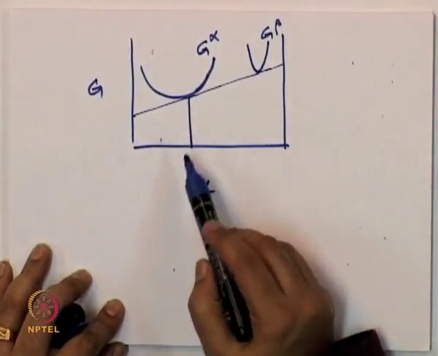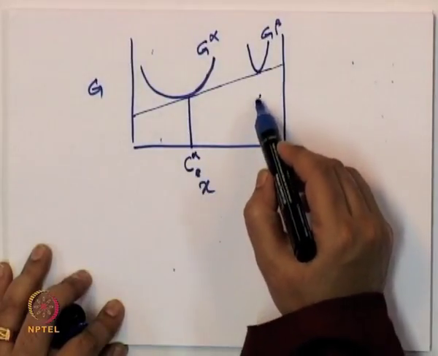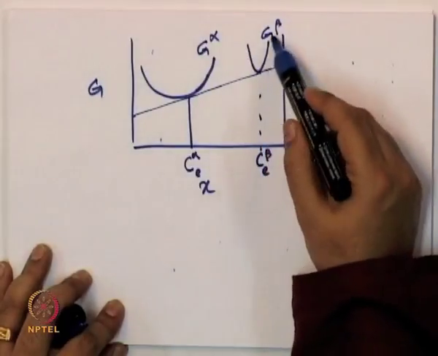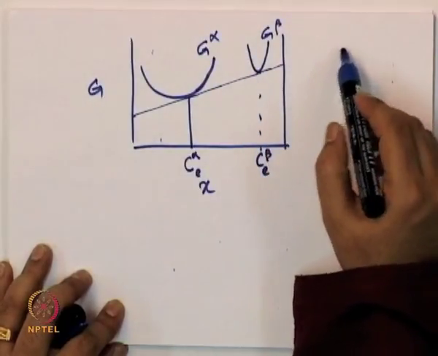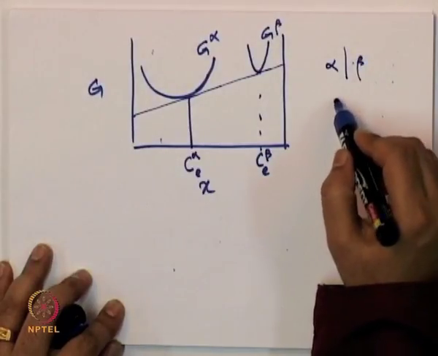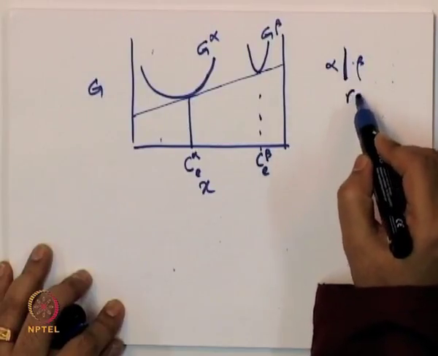So, this point will give C E alpha and this point will give me C E beta. This free energy is assuming that it is a flat alpha beta interface, or the radius of curvature is 0, or R is equal to infinity.